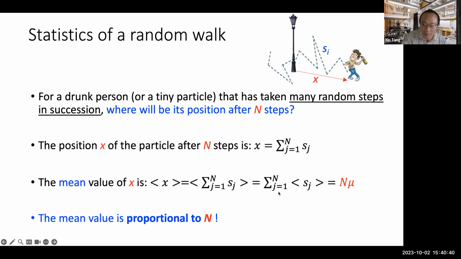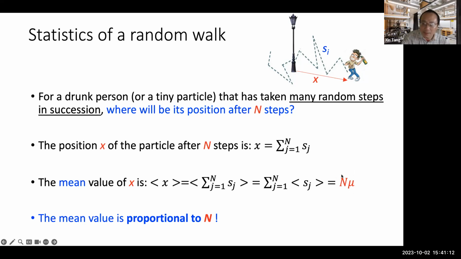So it's equal to summing all the mean values of each s together. Each s follows that w(s), so the mean of each s is equal to mu. And then with j equal to 1 to n, that means totally n times mu. Then you get n mu.